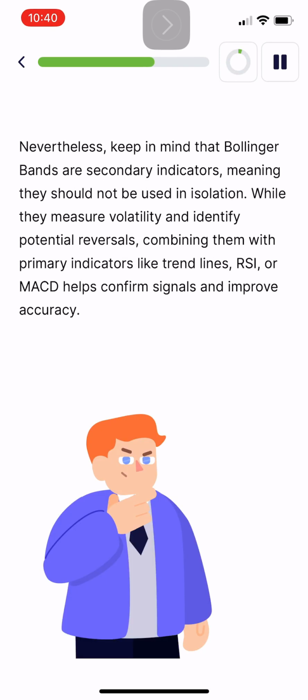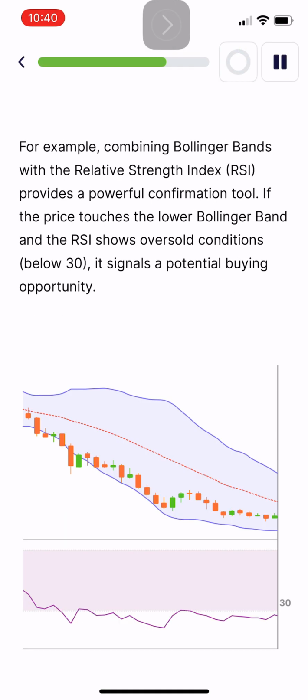Nevertheless, keep in mind that Bollinger Bands are secondary indicators, meaning they should not be used in isolation. While they measure volatility and identify potential reversals, combining them with primary indicators like trend lines, RSI, or MACD helps confirm signals and improve accuracy. For example, combining Bollinger Bands with the Relative Strength Index, RSI, provides a powerful confirmation tool.